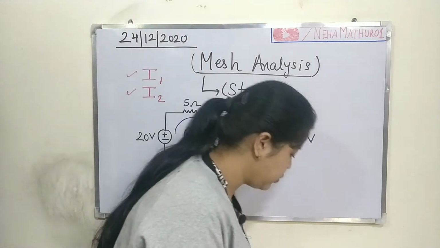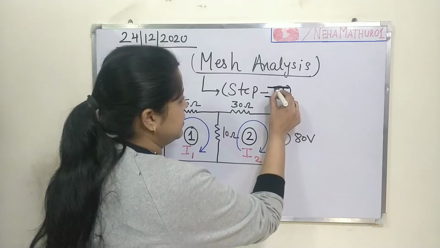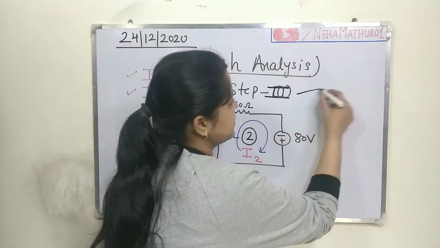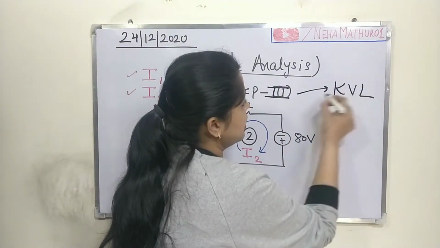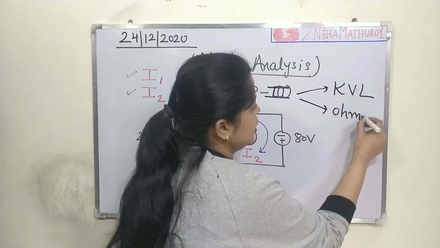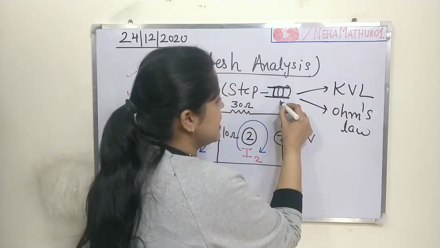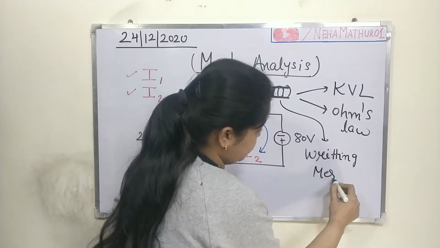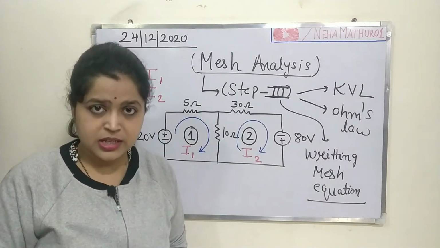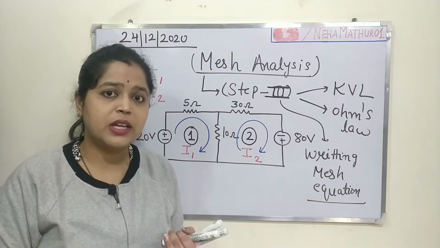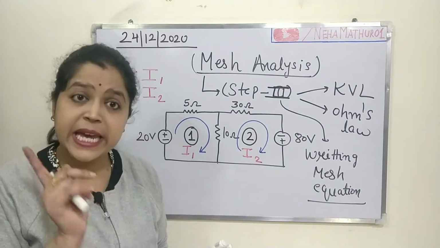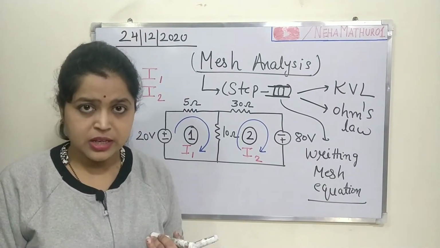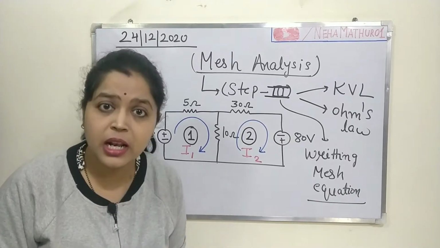Now come to the third step, and the third step is that you will have to use KVL and Ohm's law, because the third step is writing mesh equations. Just like in node analysis, while writing the nodal equations we were using KCL, Kirchhoff's Current Law, and Ohm's law, and we wrote these equations in terms of KCL and Ohm's law.